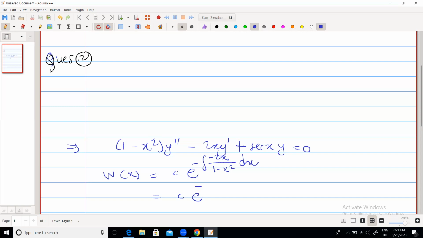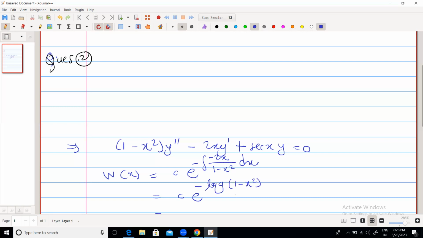So its integration is, integration of 1 upon f of x into f dash of x dx is log of f of x, that is log of 1 minus x square.